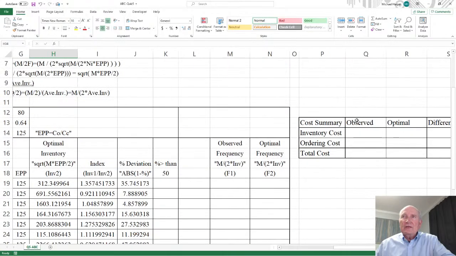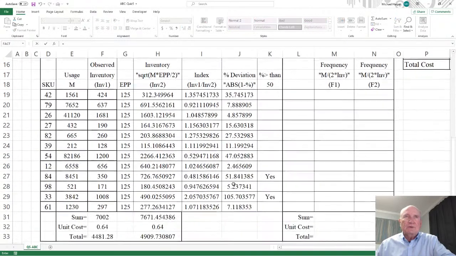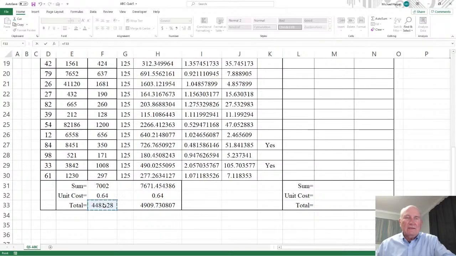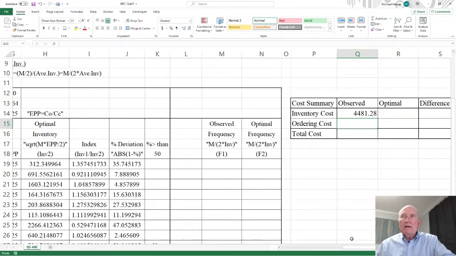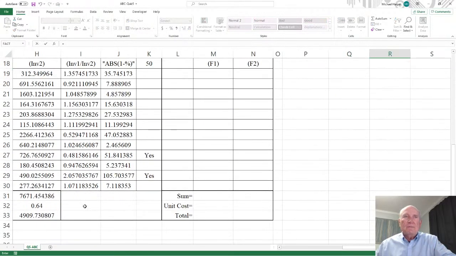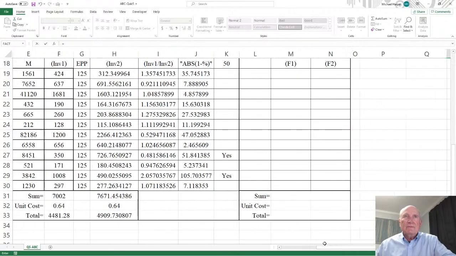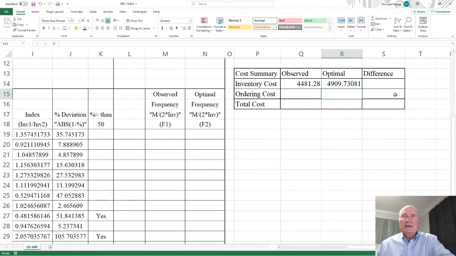Okay, so the observed inventory cost is going to equal, well, let's see what it is down here. The observed inventory cost is equal to that. Good. And the optimal inventory cost is equal to this right over here. Here's my optimal right there. Boom. Okay.